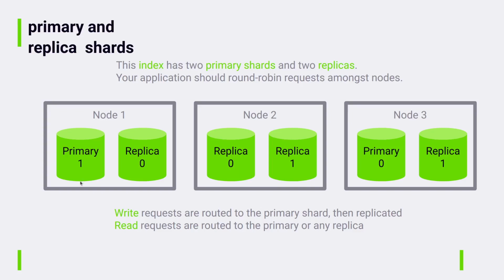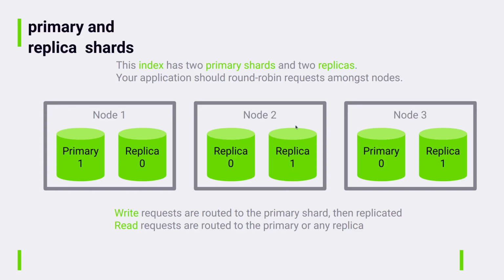So what happens, say, if node 1 goes down? You see the primary shard of 1 was stored over here. If this goes down, either of the replicas, in node 2 or node 3, will make itself a primary shard.